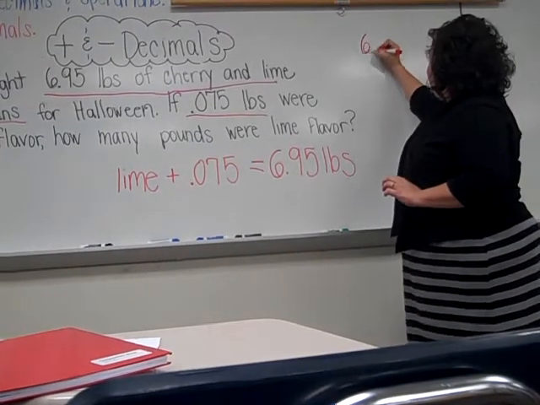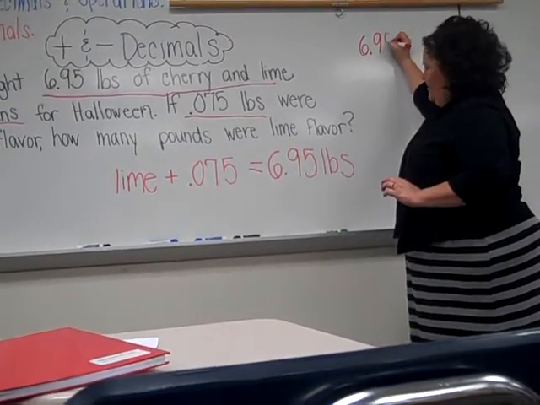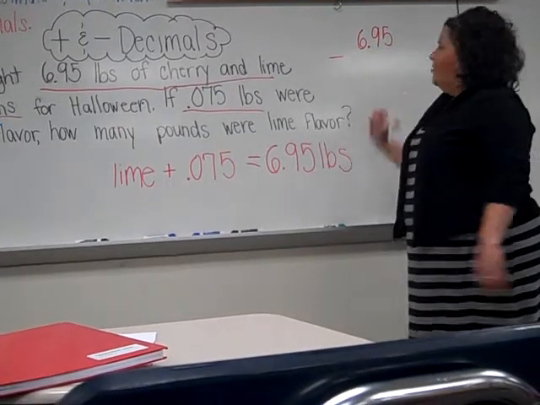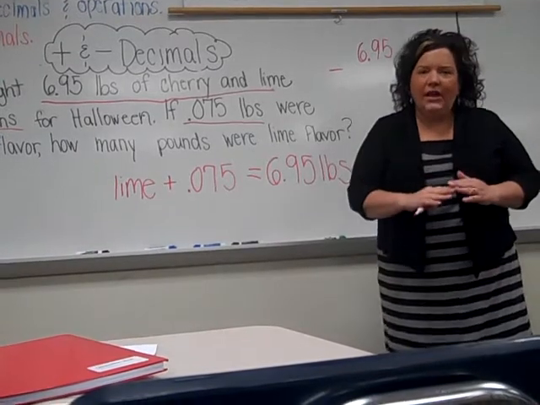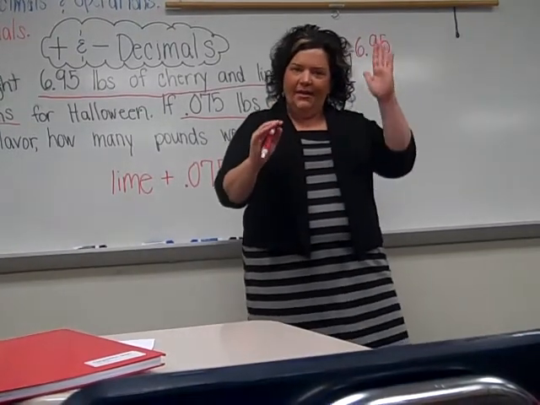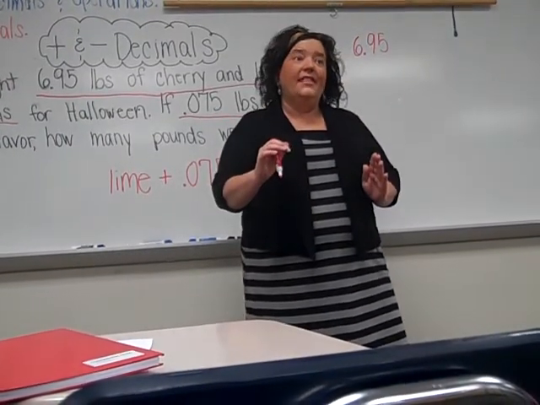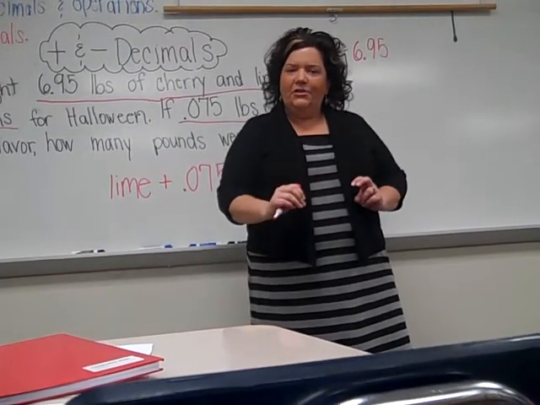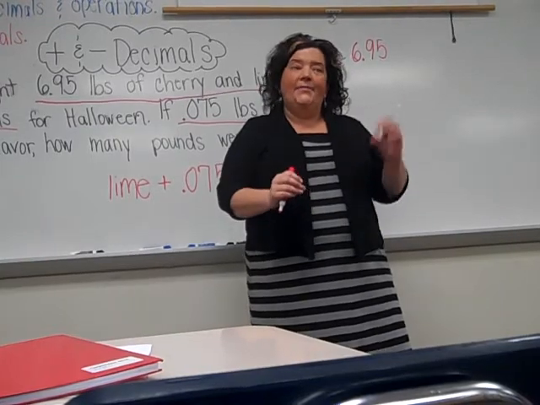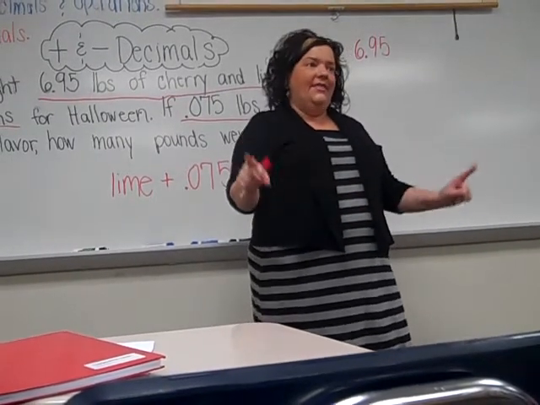So this is the big trick with decimal points. Your whole life you've been taught to line up the digits, then solve. But for adding and subtracting decimals, you must line up the decimal points and then solve.